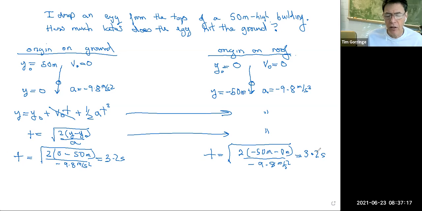I could have chosen the 3rd floor of the 50-meter high building to be the coordinate origin and written down y and y0 with that choice of coordinate origin. Again, it wouldn't be so convenient. I could have chosen the moon to be the coordinate origin and written down y and y0 with that choice that the moon is the coordinate origin. Again, it wouldn't be very convenient.